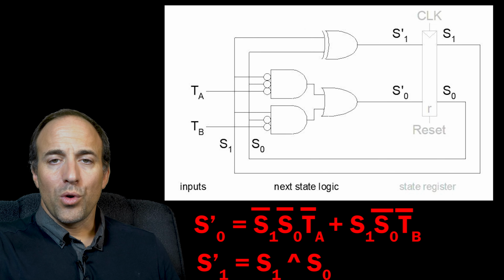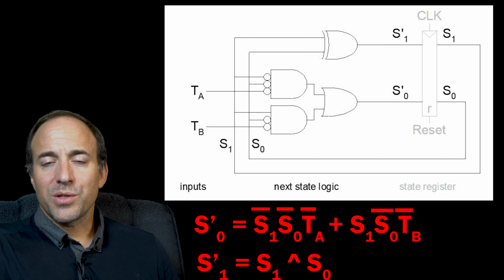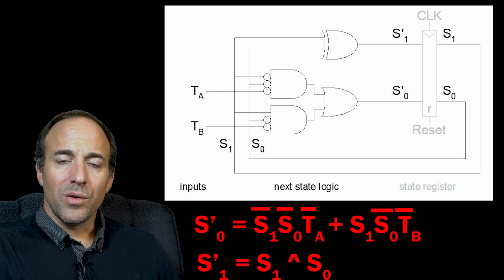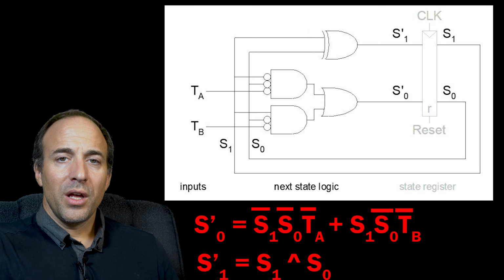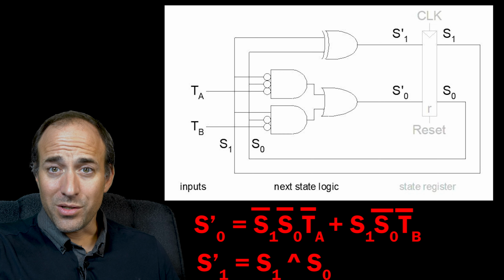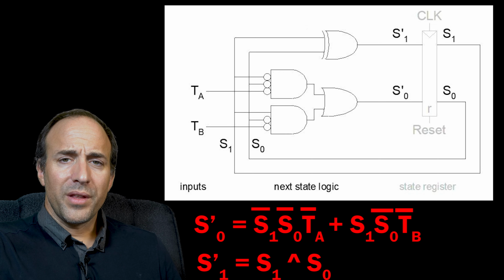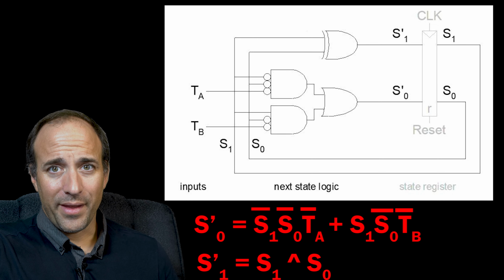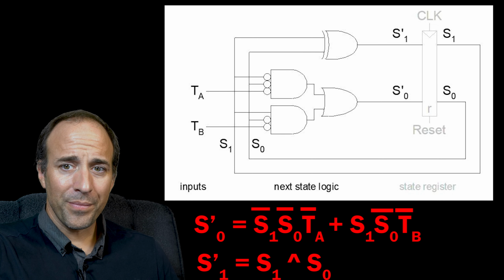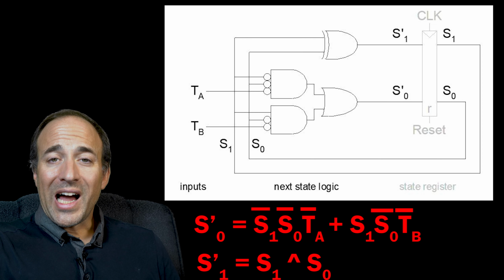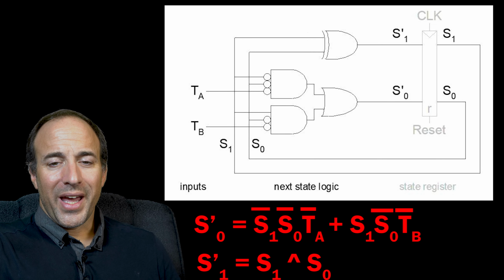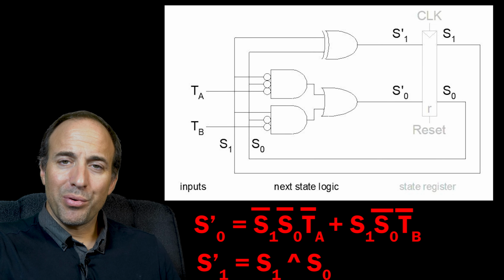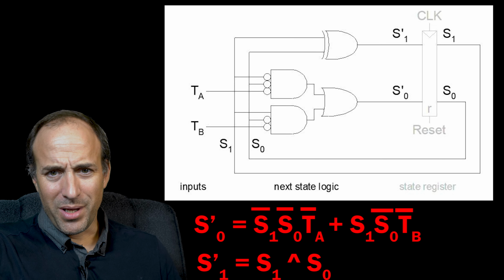So where we see the S prime sub 1 and S prime sub 0, those are the inputs to the state register. The inputs to the next state logic, again, that we just built from the truth table, are the output of the state register and also the top level inputs, TA, TB.